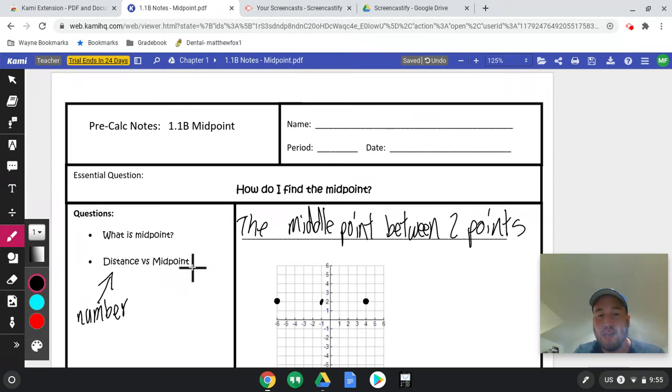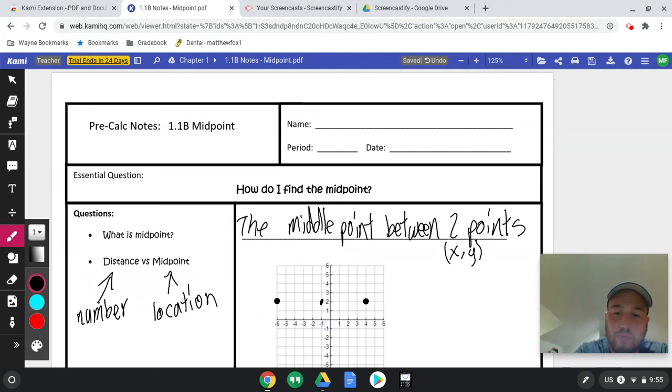Now the midpoint is specifically a location. This is an exact location, like our XY coordinate. So the midpoint will be an XY coordinate that specifically tells us where it's at.